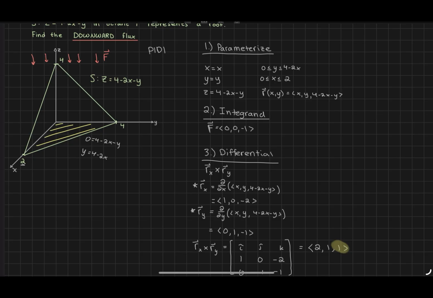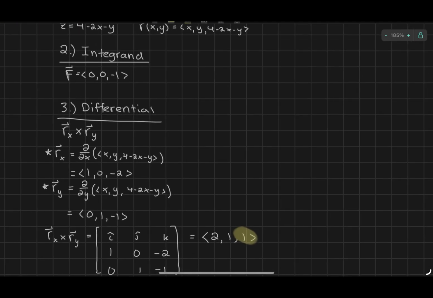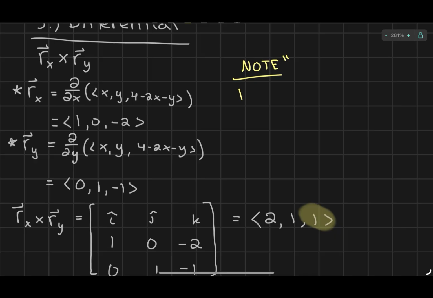How we're going to do that is we just need to remember our vector calculus identity, wherein we have our r sub x cross r sub y. If we negate that, that's just going to be equal to r sub y cross r sub x.